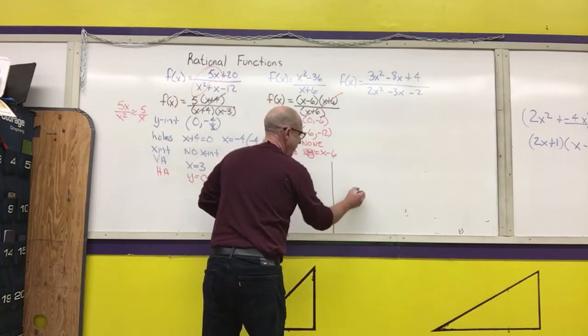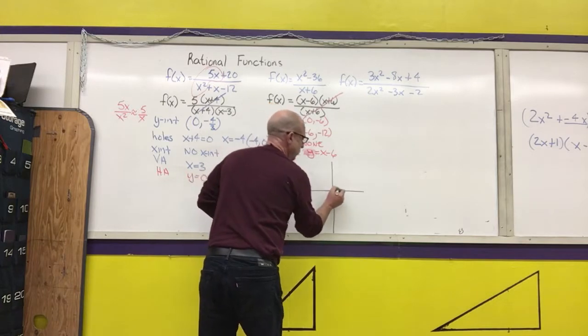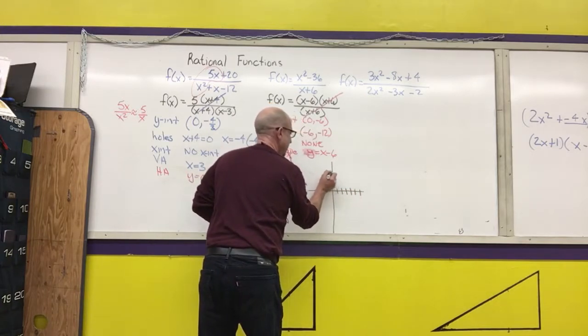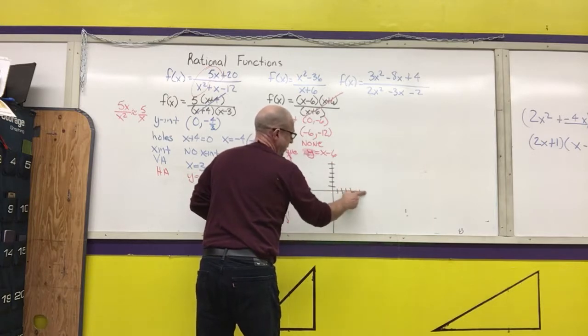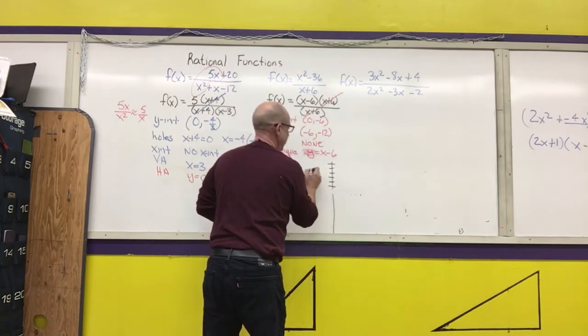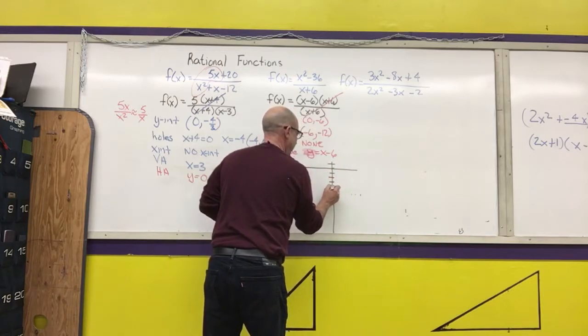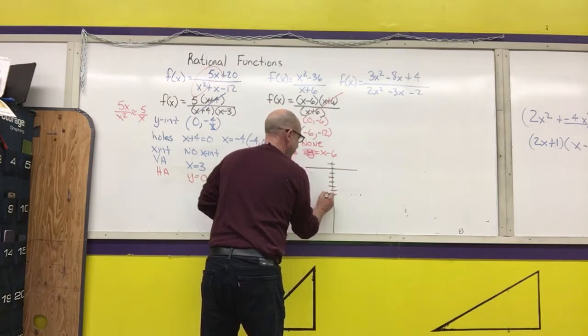So that graph is 1, 2, 3, 4, 5, 6. Actually, let me make it, since it's going through negative 6, so let's call that 1, 2, 3, 4, 5, negative 6.